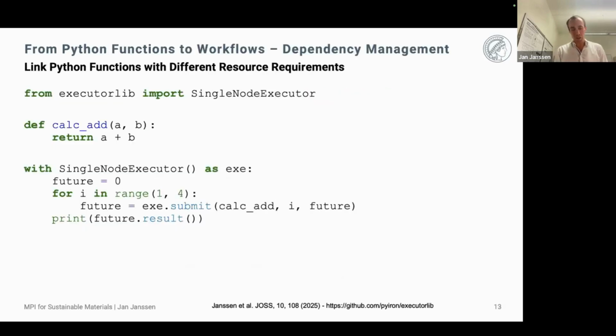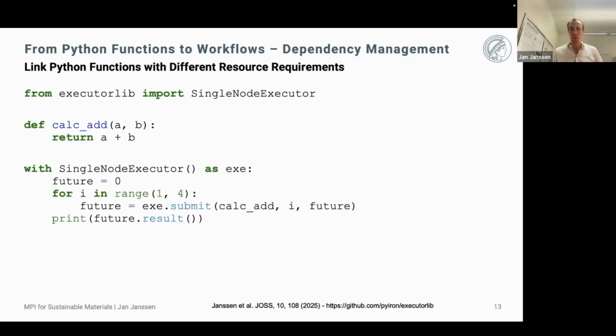And then finally, if you now have Python functions that depend on each other, maybe one function that takes the output from a previous function, but which have very different computational requirements in terms of resources, let's say one function that uses a GPU, while the second function is maybe MPI parallel.